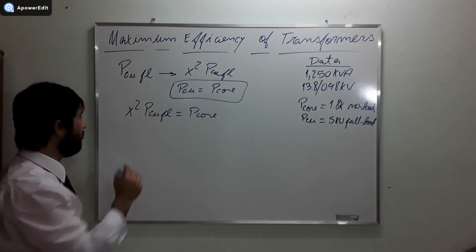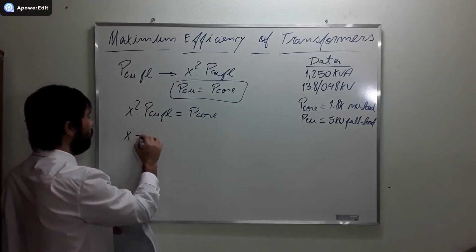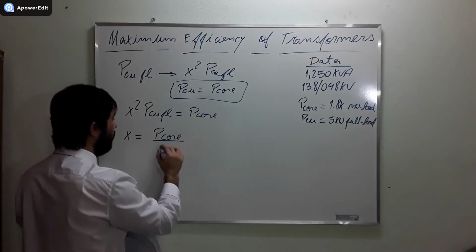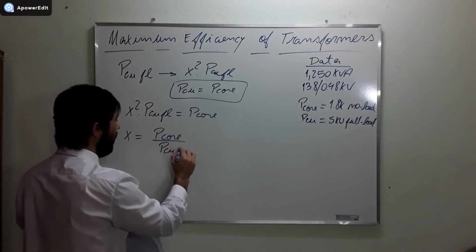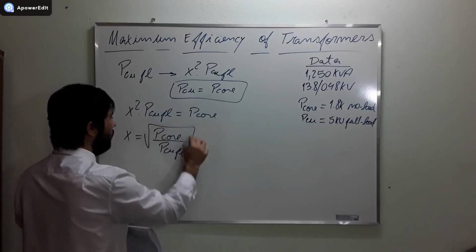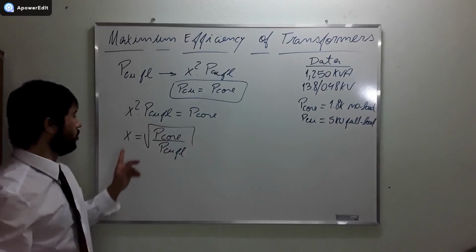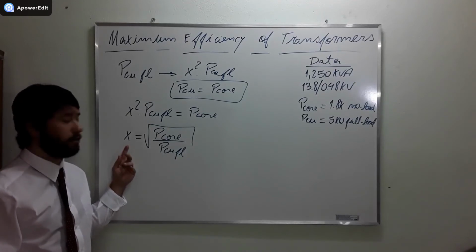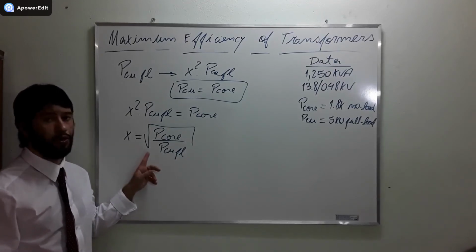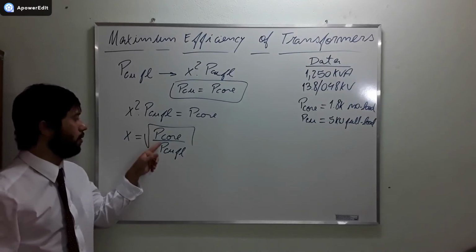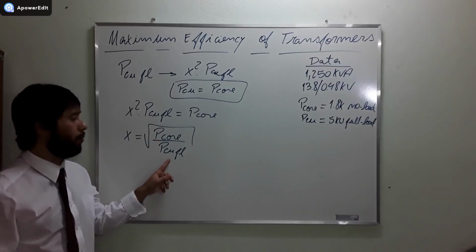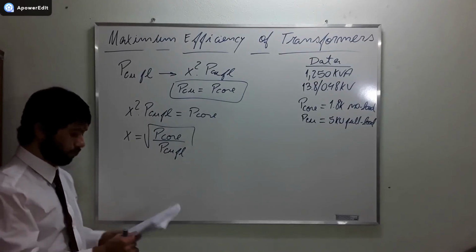Ultimately we're going to reach that X is going to be equal to the square root of P_core over P_CU,FL. So this X factor is equal to the square root of the ratio between the losses in the core and the losses in the copper wires at full load.